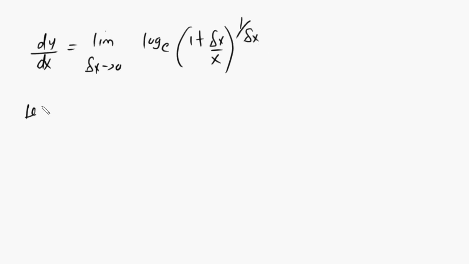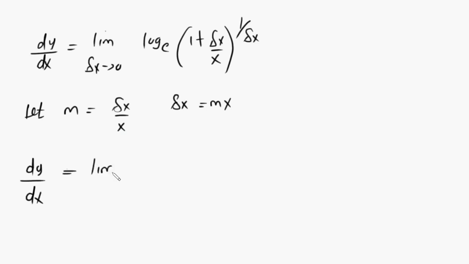So now, let m be equal to delta x over x. Kwa manake ni delta x itakuwa sasa na mx, okay? Cross multiply napata hivi. Sasa ninsert hiyo m yangu niliyo introduce hapo. So this one is going to be the limiting value as delta x approaches 0 of the logarithm to base e, we have (1 plus m) to the power 1 over mx.